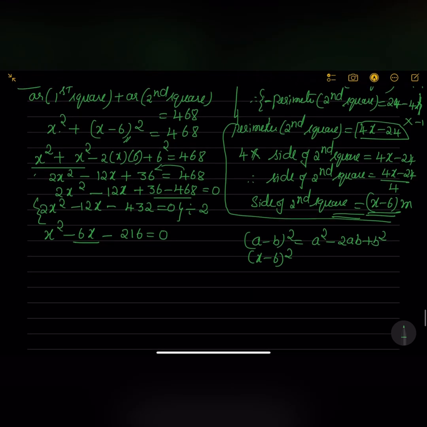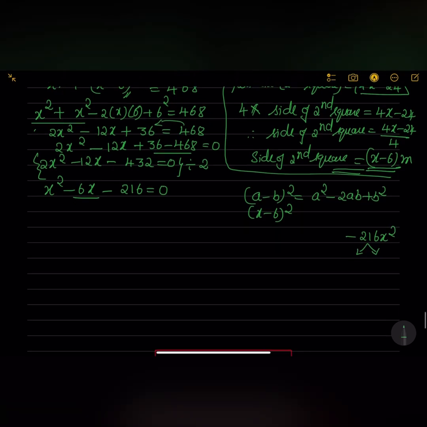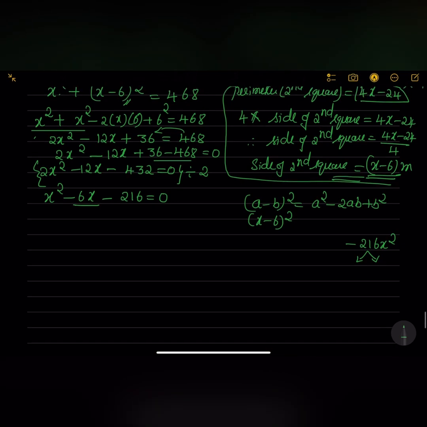The middle term is minus 6x, and we need to multiply the first and last terms, which gives minus 216 x square. If you add or subtract, we should get minus 6x. The terms are minus 18x plus 12x. Let us substitute that: x square minus 18x plus 12x minus 216 equal to 0.